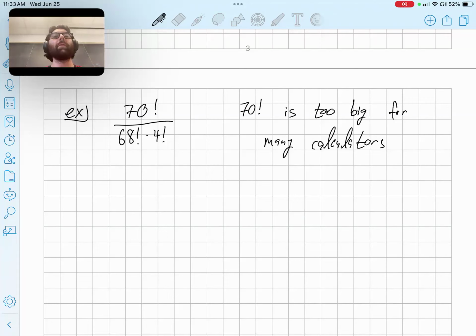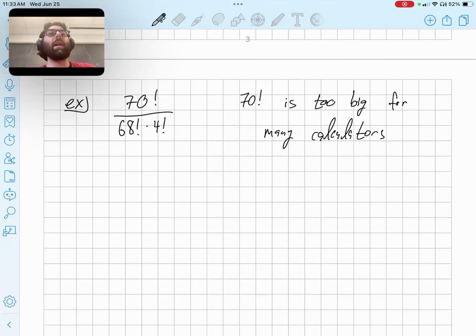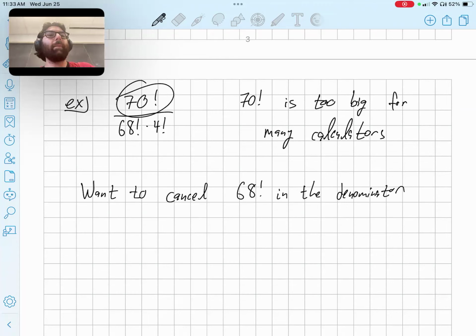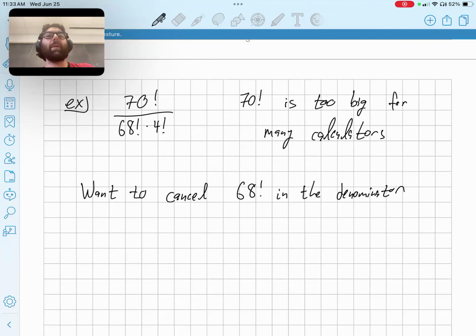So what we have to do is cancel the biggest term in the denominator first. We want to cancel the 68 factorial in the denominator, and we can do that because we have a 70 factorial up top.